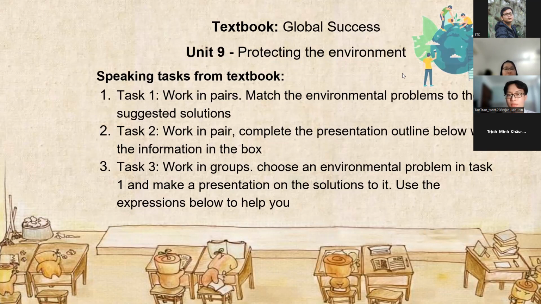And task number 3, they need to work in groups. They need to choose an environmental problem in task 1 and make a presentation of the solution to it, so they need to use the expressions. So you can see that for one speaking lesson, students are supposed to do 3 tasks, from task number 1, 2, and 3.